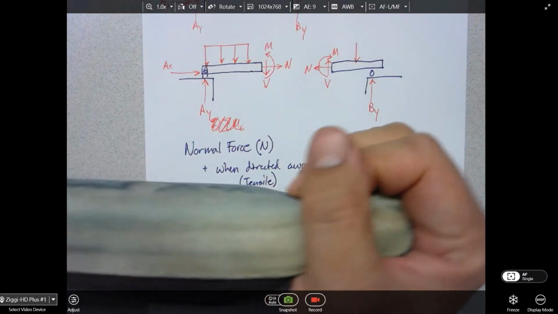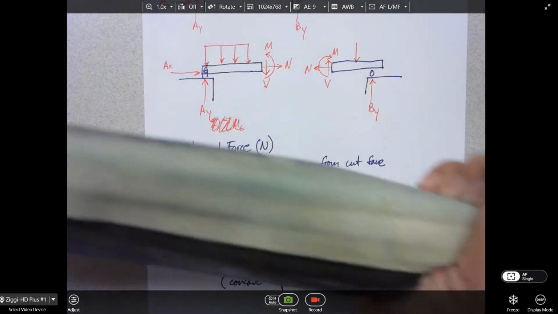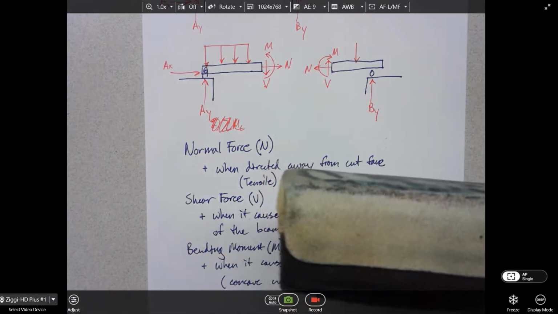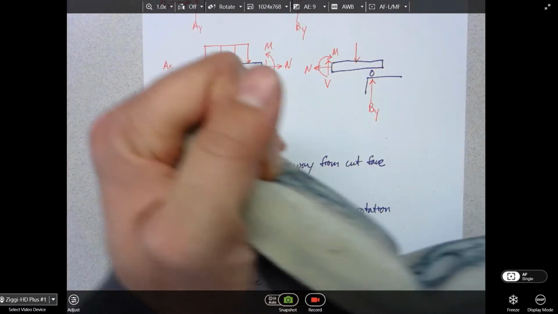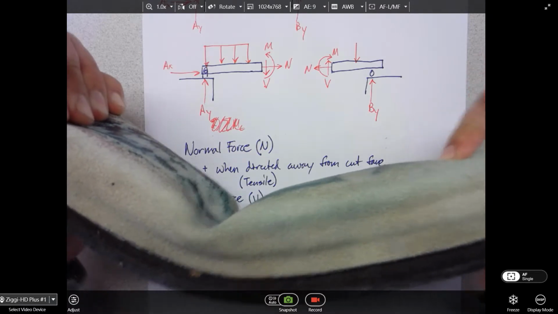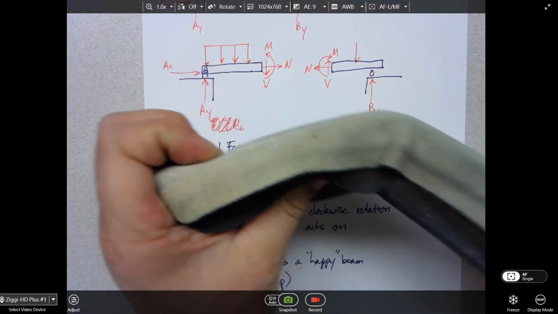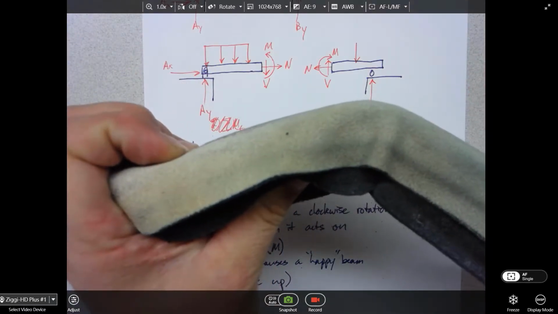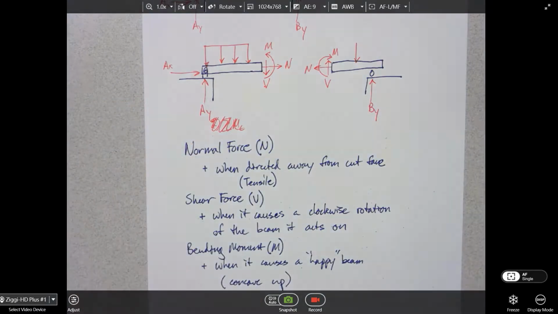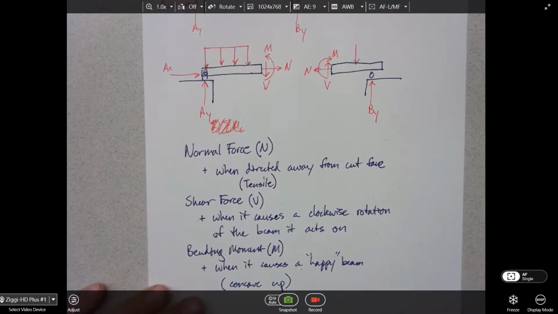I twist this way to make a happy beam, that's positive. Now let's look at the other end of the eraser. Now if I twist this way, positive, happy beam, right? If I twist it this way, sad beam, negative, okay? So positive bending moment causes happy beams. Everybody got that? Okay, cool.